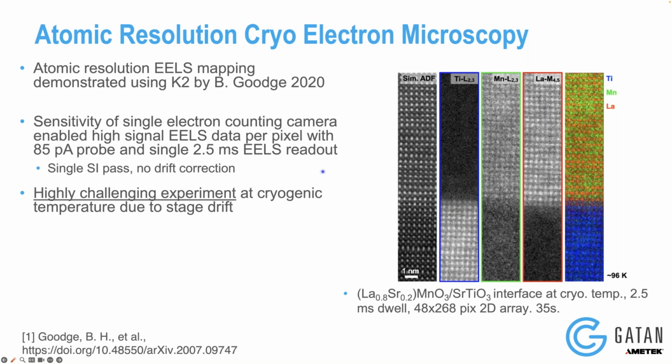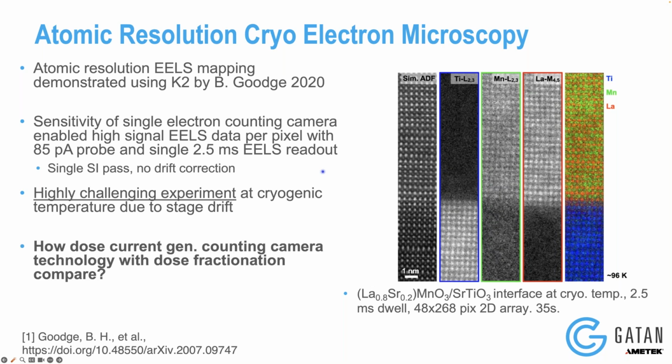Now, this is highly challenging at cryogenic temperatures due to stage drift. So the question is, how does current generation counting camera technology with dose fractionation compare? We can now go much, much faster, and we can do dose fractionation.